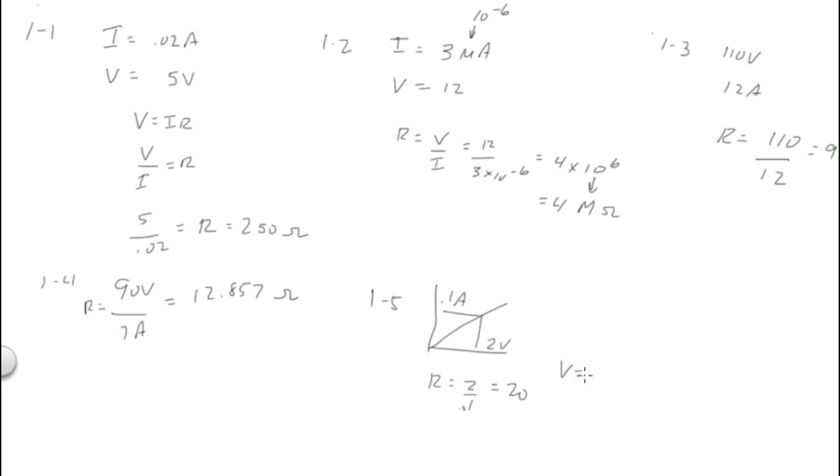So now we use V equals IR, and we plug in 20 for R and 4 for V. 4 equals I times 20, right? I is equal to 4 over 20, or what? 4 divided by 20 is 0.2.